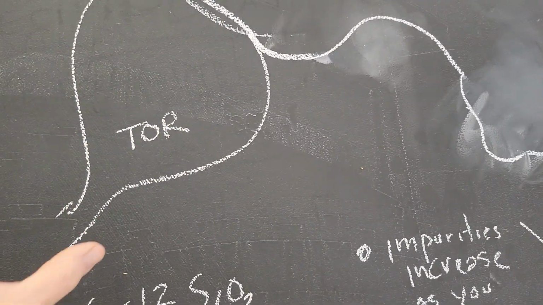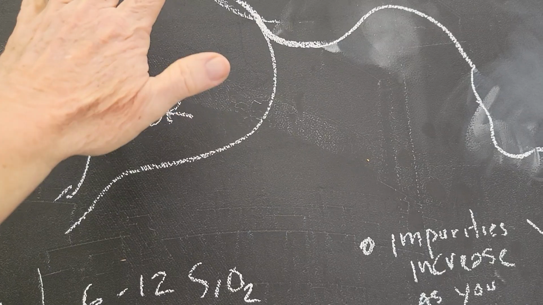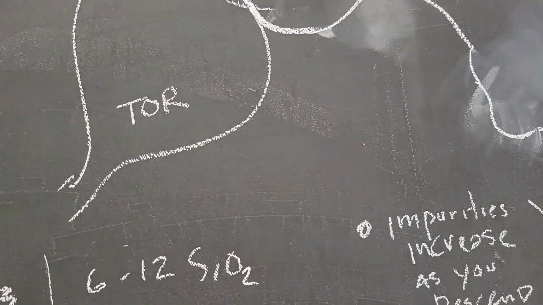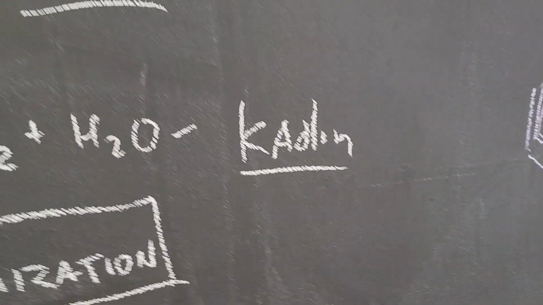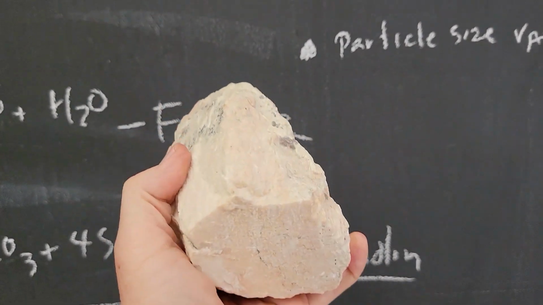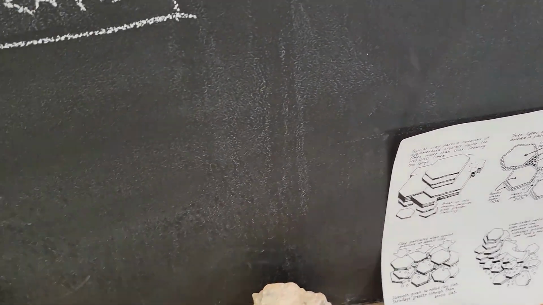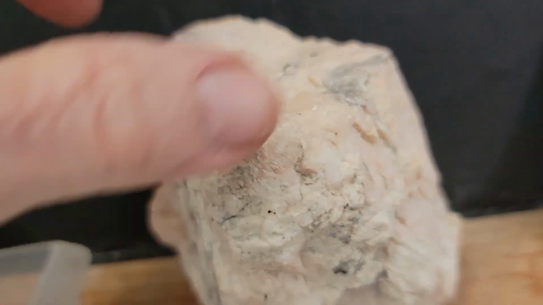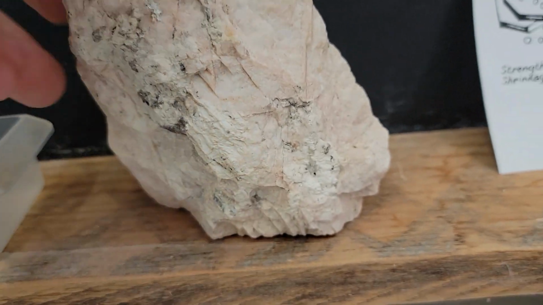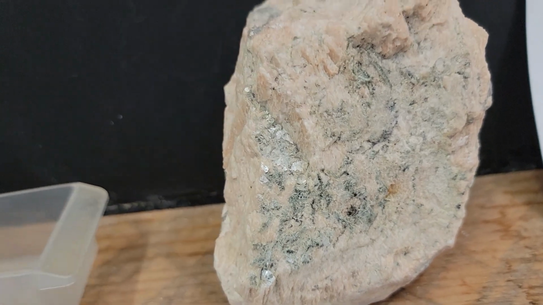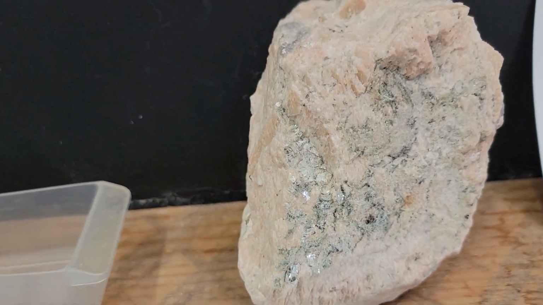So this is intrusive rock. It will intrude and cool slowly. This would be like a chunk of feldspar, but a granite would be similar. It has all these impurities in it, like mica and silica. And you can see the mica flakes there.